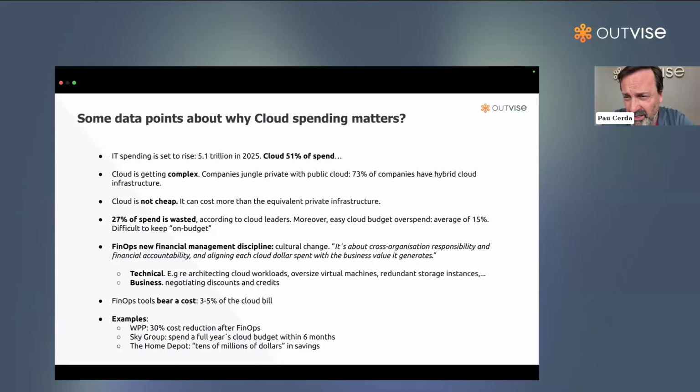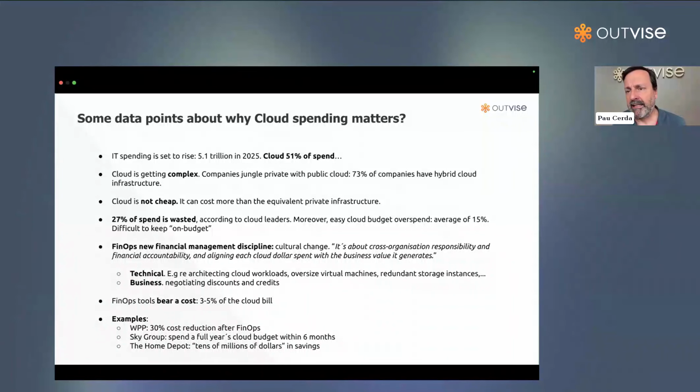It's about cultural change in the organization. And it's about understanding not only the technical implications of the decisions, but also the business implications of the decisions. So negotiating discounts, understanding credits, understanding the redundancy of storage, etc. So understanding both the technical and the business side. That doesn't come for free, right?